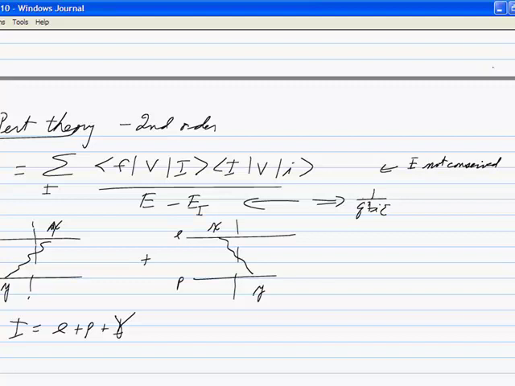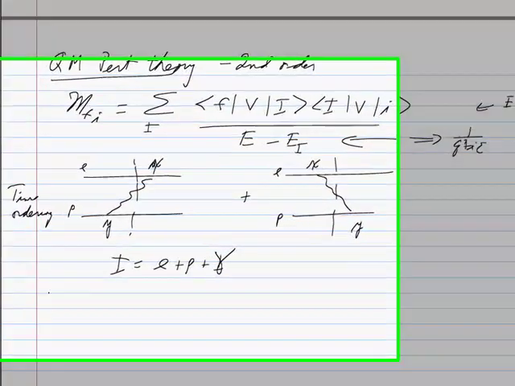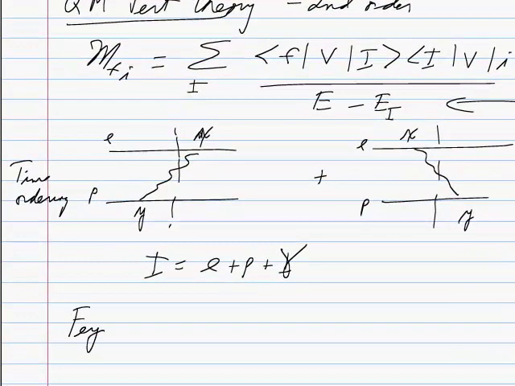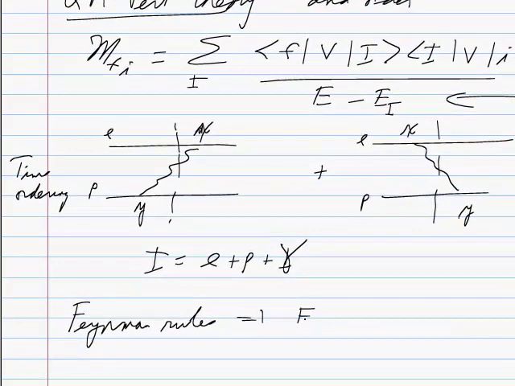In other words, E_i is not the initial energy, so the total energy of the initial state is not conserved, and you sum over all possible energies. When you massage it and do it the Feynman rules way, P was conserved, and E and P are conserved everywhere.